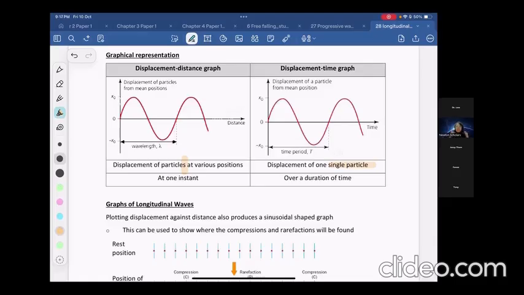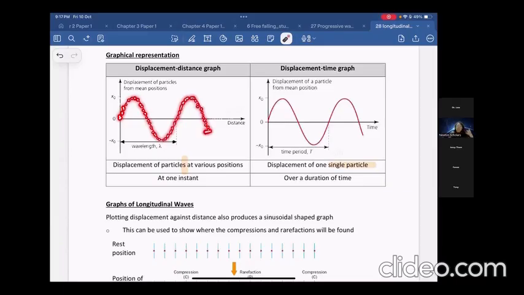For example, at time equals 0 seconds, I capture all the particles. Here is one particle, 2, 3, 4, 5, 6, 7, 8, 9, 10, 11. We have a lot of particles, and I capture their positions right now. This is called the displacement-distance graph.